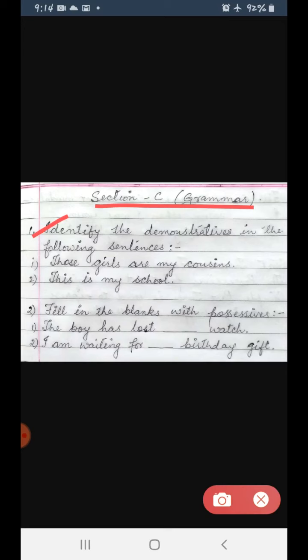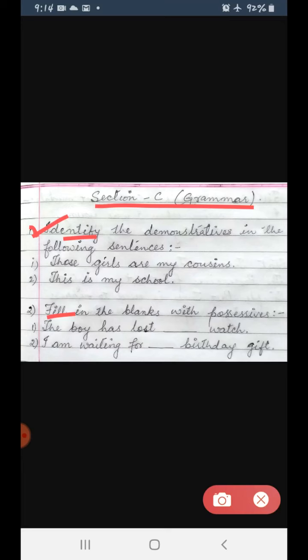It is not necessary that if in the sample paper I have given you to identify, then in your question paper you would have to identify only. It is nothing compulsory like that. Suppose here I have given fill in the blanks; in the question paper I may give you pick out the possessives. So this is just for your rough idea.